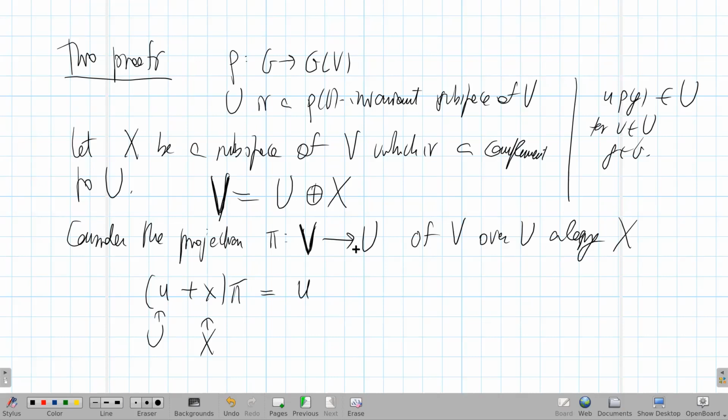So it's not only a projection onto U, but essentially what I'm saying is that X is the kernel of pi, okay? Because this is zero exactly when u is zero, that is when this element is in X. So U is the image of pi, and the kernel is exactly X. Good.